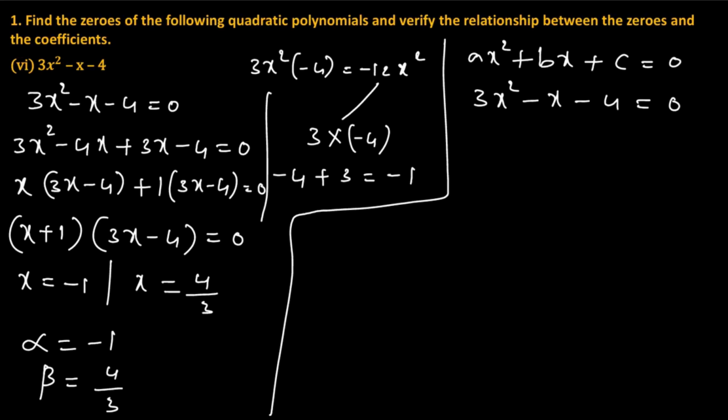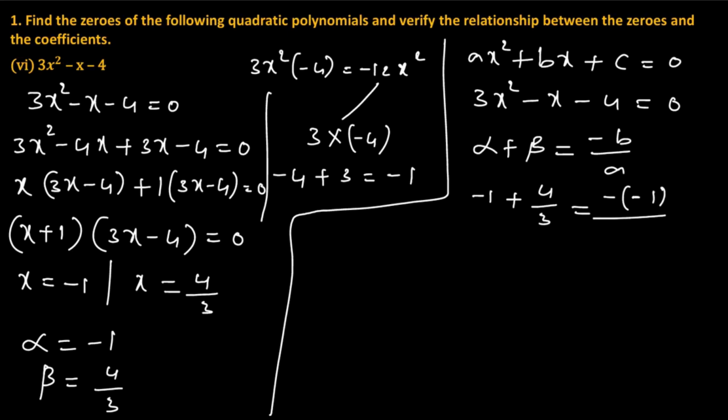Compare these two. Alpha plus beta, sum of the roots is equal to minus b by a. Alpha is minus 1, beta is 4 divided by 3. So minus of b is minus of minus 1 divided by a is 3. Minus 3 plus 4 divided by 3, that is 1 divided by 3.